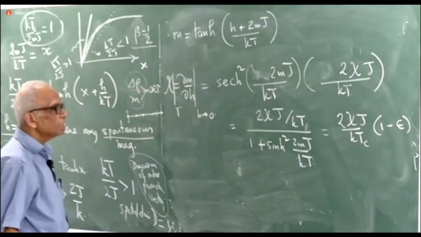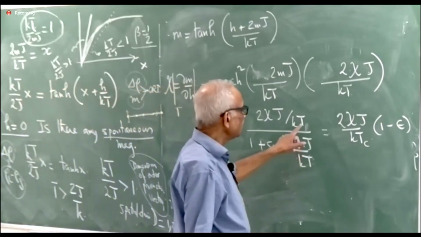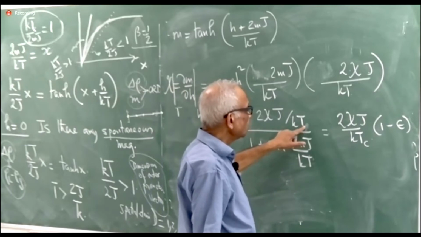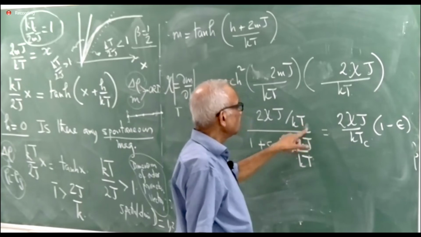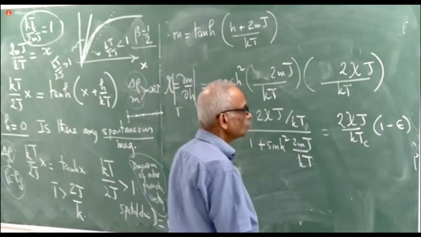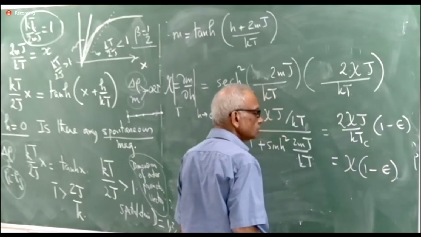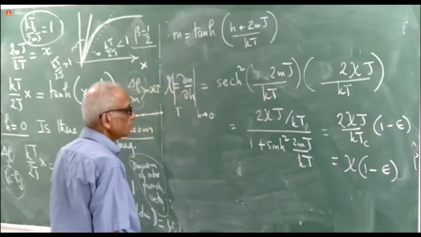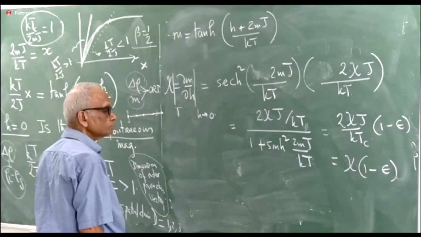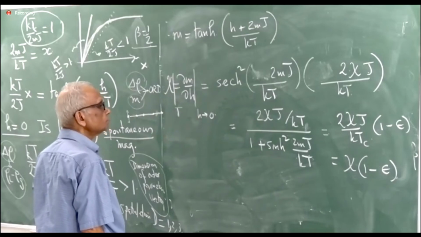So chi of T over here, T is equal to Tc into 1 minus epsilon. 2J over kTc is equal to 1. So this is equal to chi into 1 minus epsilon, divided by... so it is chi and 1 minus epsilon. Where is my constant term?